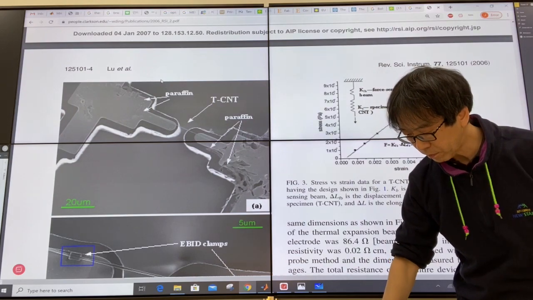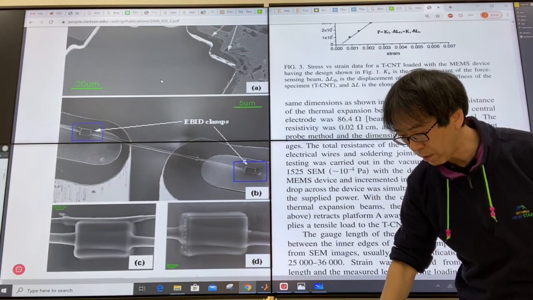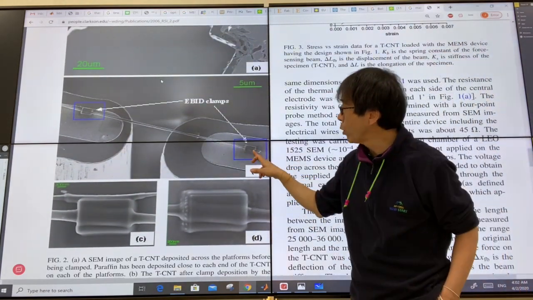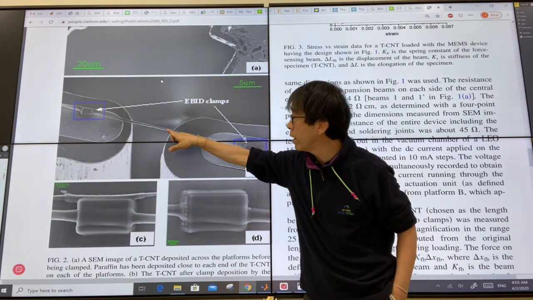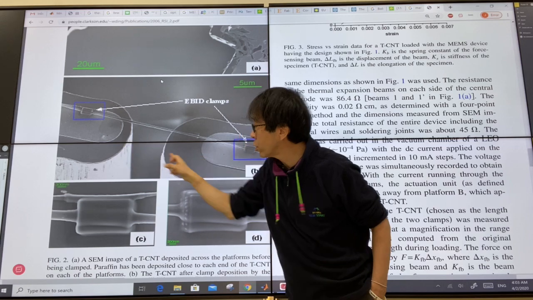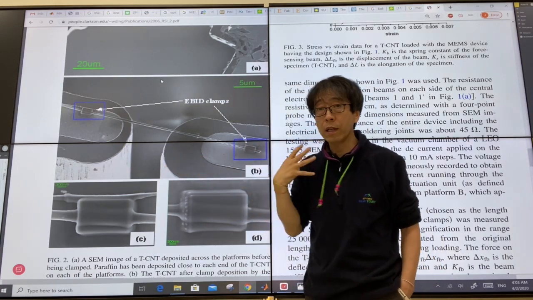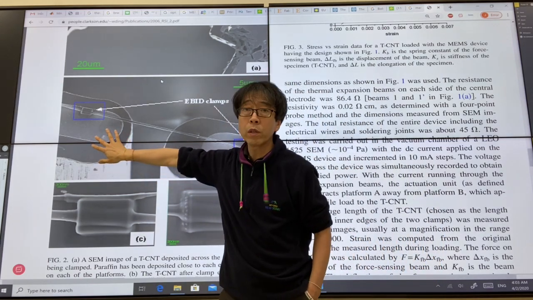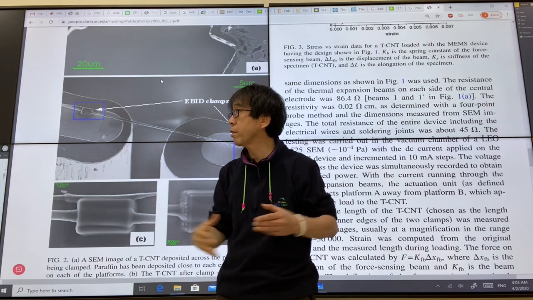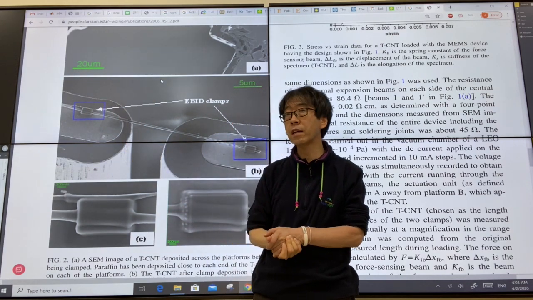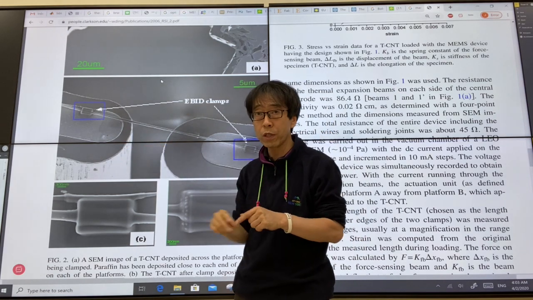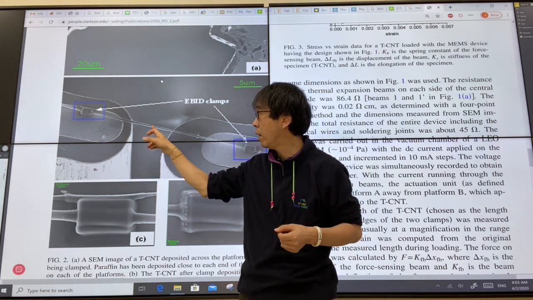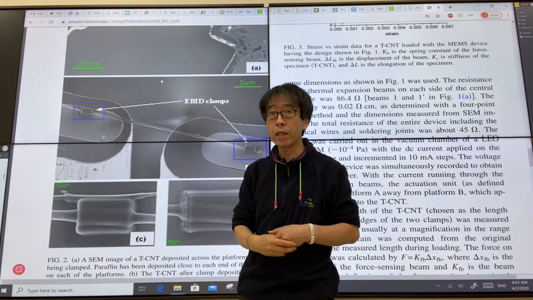Okay. If you look in a little more detail, we were even able to fix this carbon nanotube at both ends, right here, and then this is a stage. You know what happened? As I explained, this guy will retract as you apply the current inside the scanning electron microscope. So you can look at this motion in real time and see how this carbon nanotube will break.